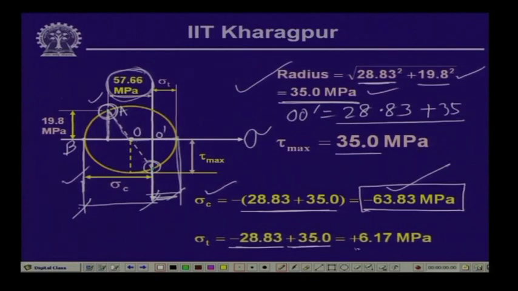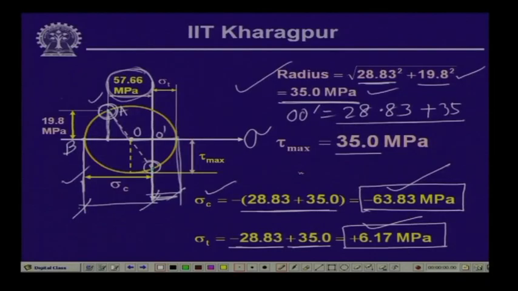If we add that, we get 6.17 megapascal, and this is the value of the maximum tensile stress. So, at that particular point, you have the maximum compressive stress of 63.83 megapascal, and 6.17 megapascal is the maximum tensile stress.